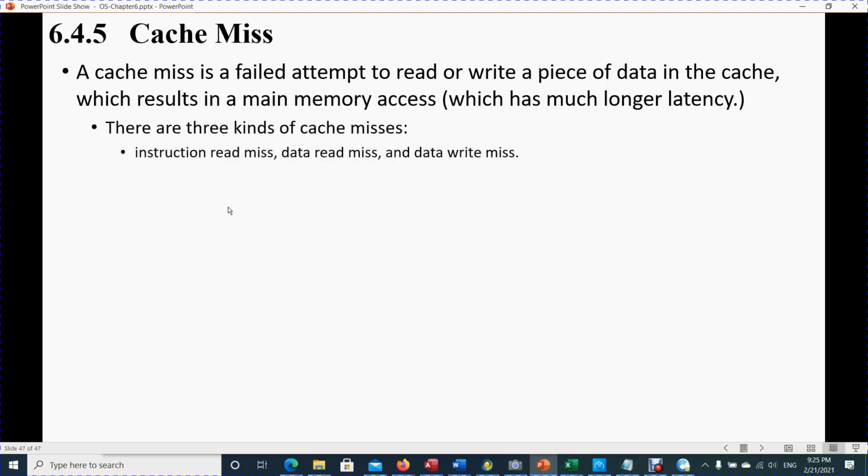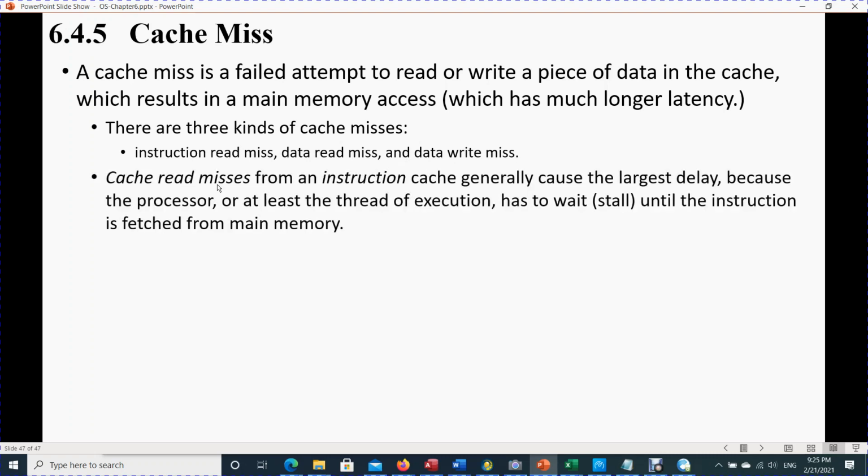There are three kinds of cache misses: reading an instruction and not finding it in cache, a data read miss, and a data write miss.